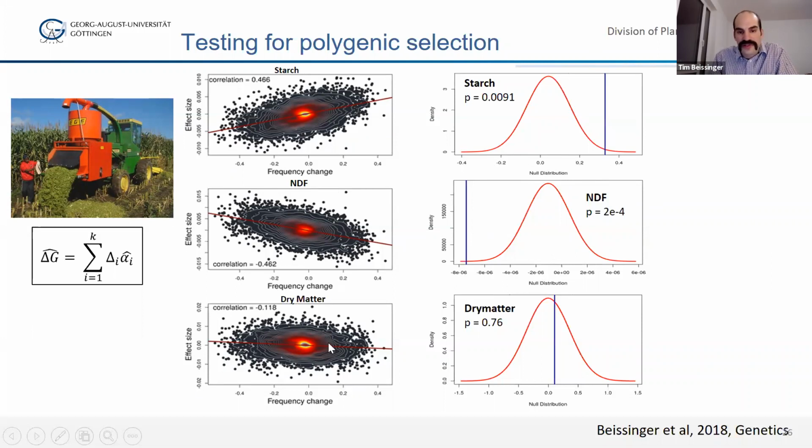And then for dry matter, which I said early on, we don't think was under selection at all, Ghat finds that there's no significant evidence of selection on dry matter. So that was expected. So this was a nice confirmation that our Ghat test seems to work. And if we didn't know that these three traits had been selected in the population, it would have provided that as new information.